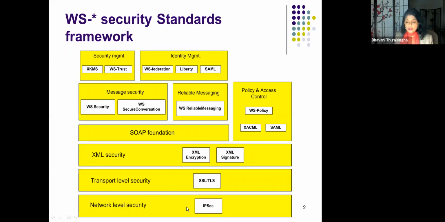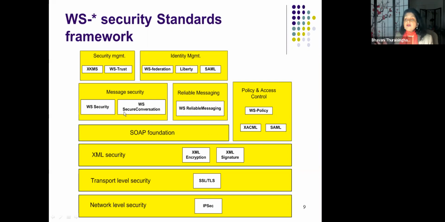It's built on network level security, transport level security, and then you have XML security and SOAP. And here on the side, you have policy and access control. So how to specify policies, how do you implement access control, what's the protocol, and what about security assertions? That's what we'll be focusing on in the rest of this lecture for web services.